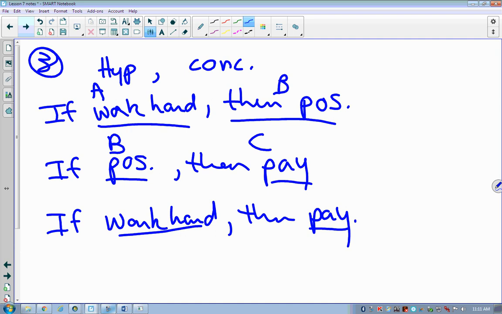All right, let's look. Number 4, I think, is a multiple choice question. Select a conclusion that will make the following argument valid. If you study, that's A, right? Then you will get a good job. What is that? B. Next statement, if you get a good job, what is that? B. Then you will be well paid. What is that?